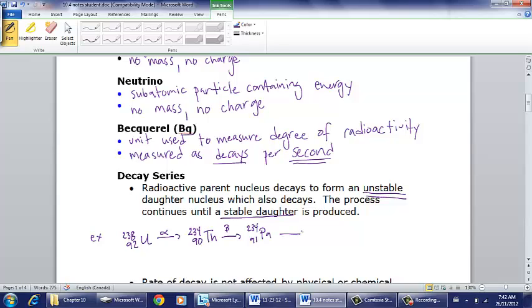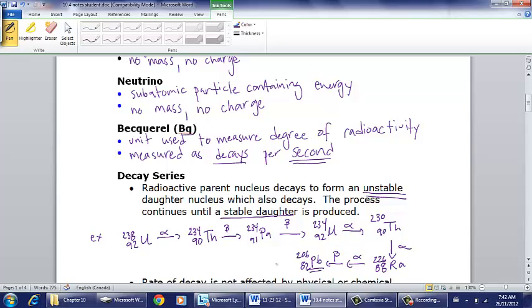This could undergo another beta decay to produce uranium again, 234, which can undergo alpha decay to produce thorium-230, which in turn can undergo an alpha decay to produce radium-226, which can undergo, I'll stop writing this out, an alpha decay and then another beta decay to produce lead-206.